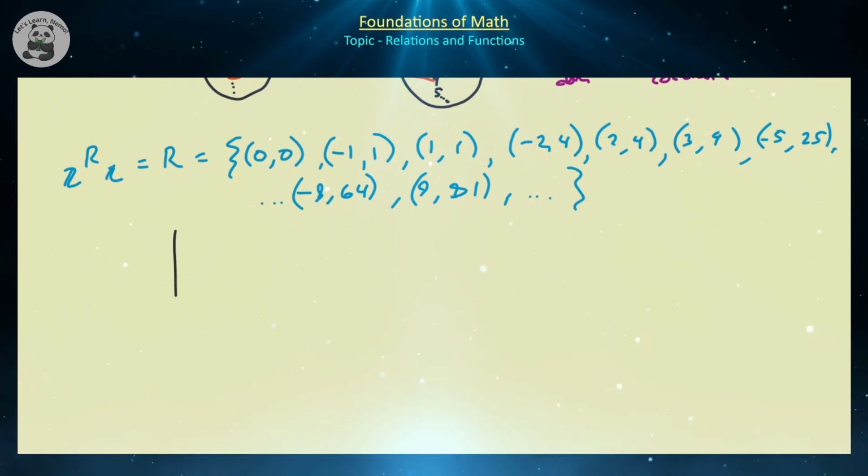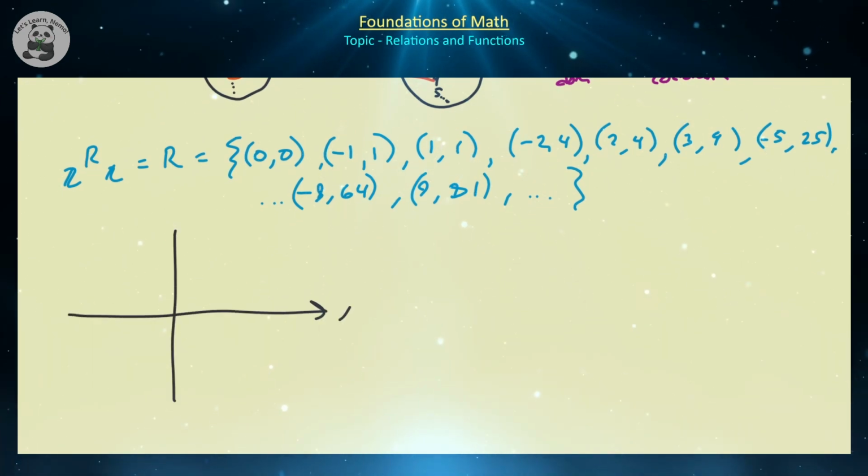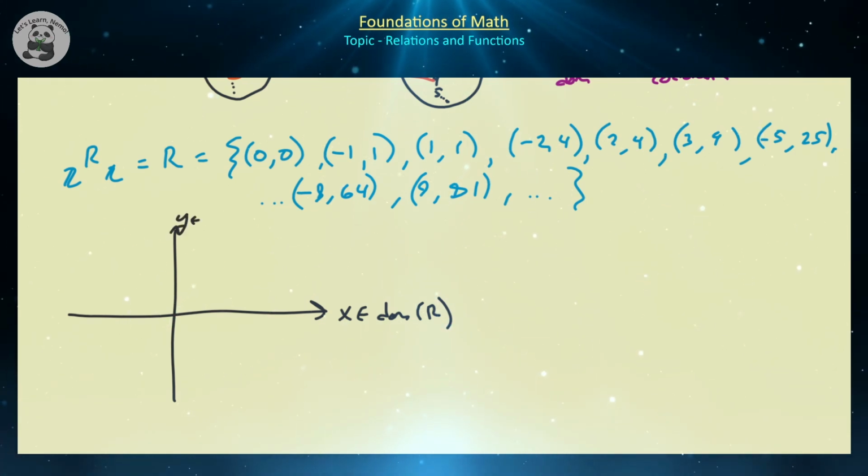So if I try and construct a Cartesian graph of these values, let's assume I pick an element x located in the domain of my relation, and then y is going to be associated to all of the elements in the range of my relation, then what do I have? Well, I have (0, 0) located there, I have (-1, 1) and (1, 1) located there, and I have (-2, 4) and (2, 4) located there.